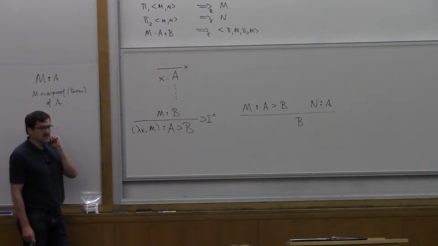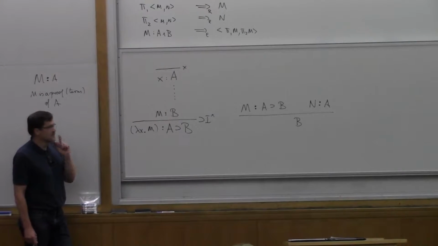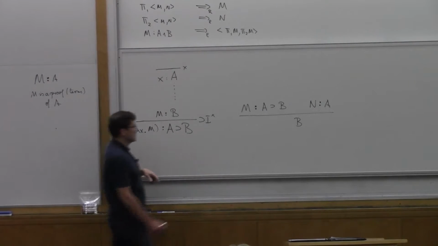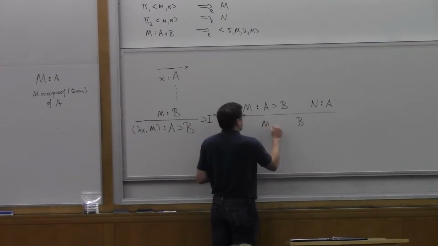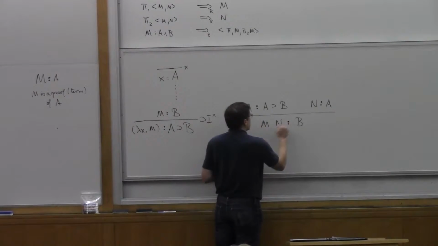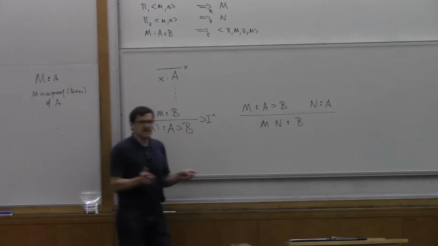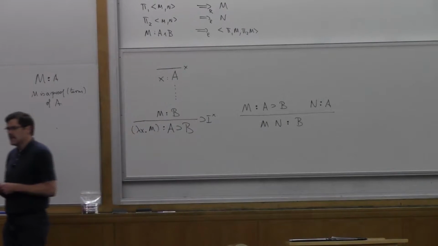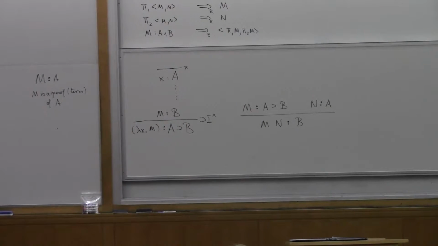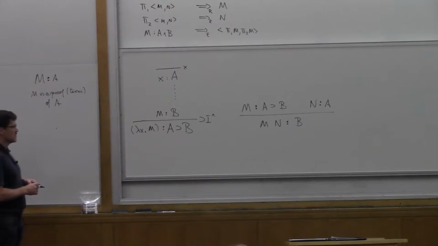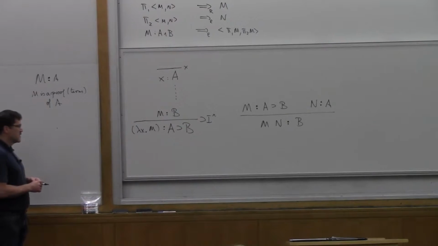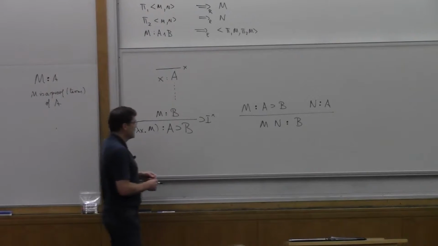That's looking ahead one step farther. Application. It's M applied to N. And that's going to be a proof of B. Usually in functional programming we write application by juxtaposition. So we say M is applied to N, and that's our proof of B. All right, so now we'll come back to the other remark.